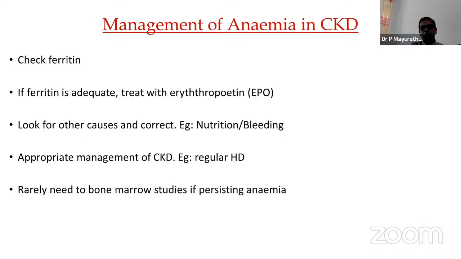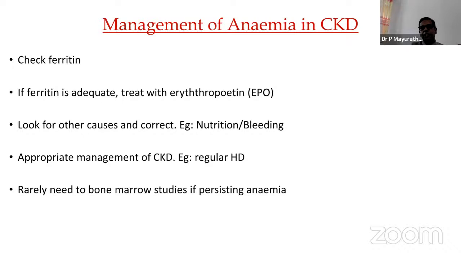Okay, so if the patient has a ferritin level below the targets, then first of all we have to give iron to get enough ferritin storage in the body. Then only the erythropoietin is going to be effective. In these patients, oral iron may not be very effective because of poor absorption due to GI edema. So it is better to go for intravenous iron, because that will quickly replace the storage of iron in the body compared to the oral one.